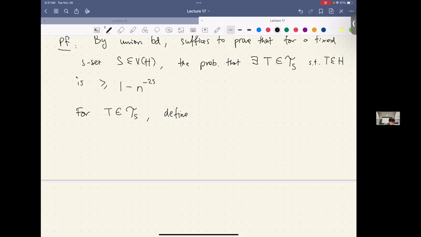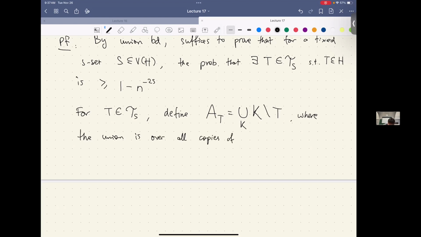Define for a triangle T, A_T to be the union of all K minus T over all K, where the union is over all copies K of K4 in H star that share at least an edge with the triangle T.